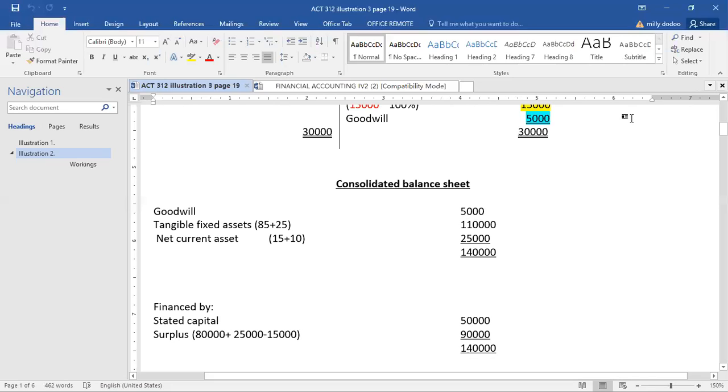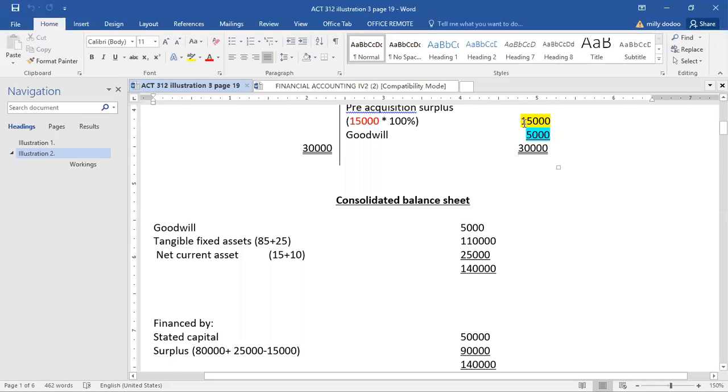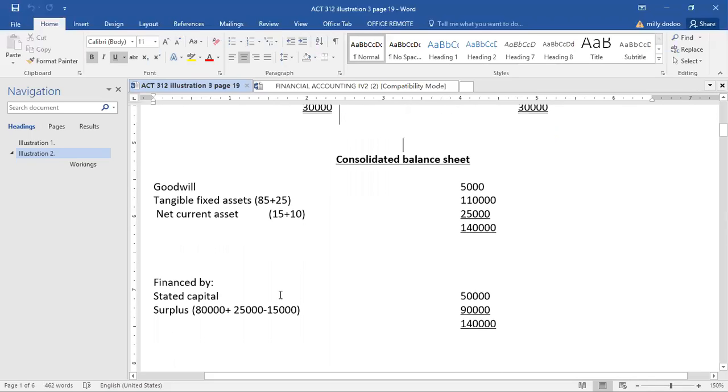But take note, 15,000 was used over here already. So the 15,000 of S surplus that was used, you subtract it, leaving 10,000. So this 80 and 10 gives you 90. Are you getting the scenario?